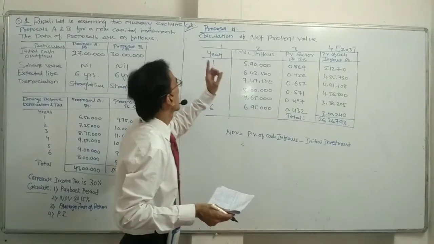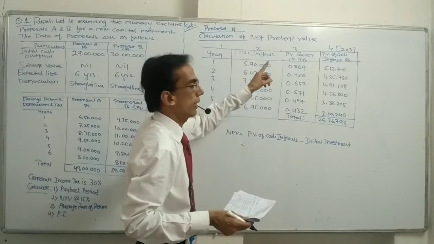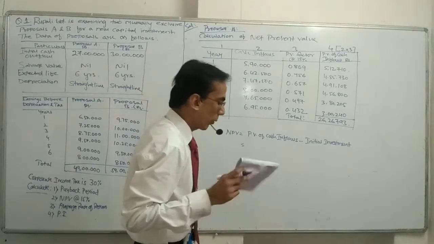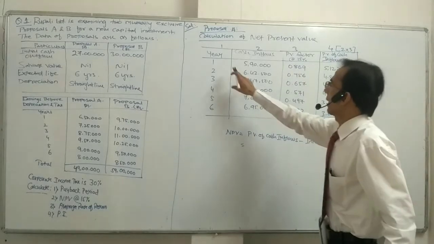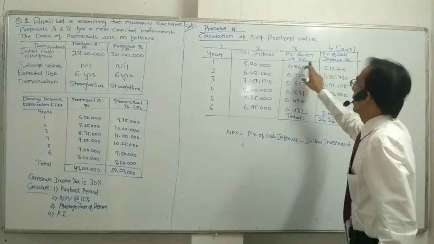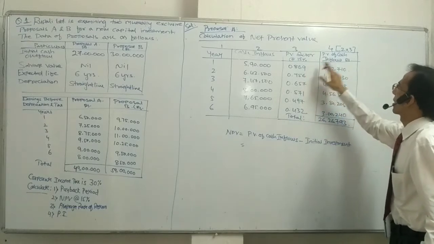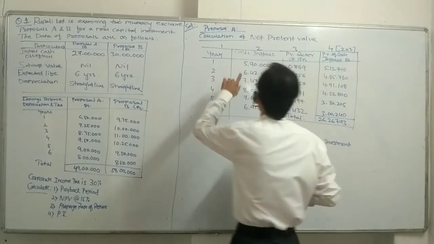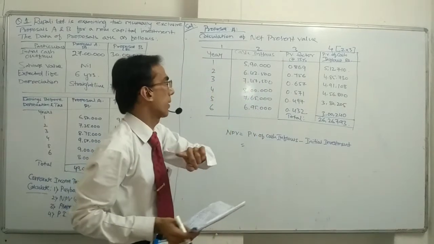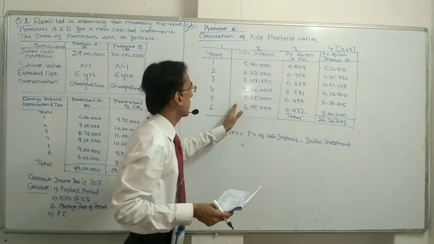Next, we are calculating now net present value. For calculating net present value, we need to prepare a 4-column statement. Year, cash inflows, present value factor at 15%, present value of cash inflows. These cash inflows are in the first table. We have taken it for 6 years.